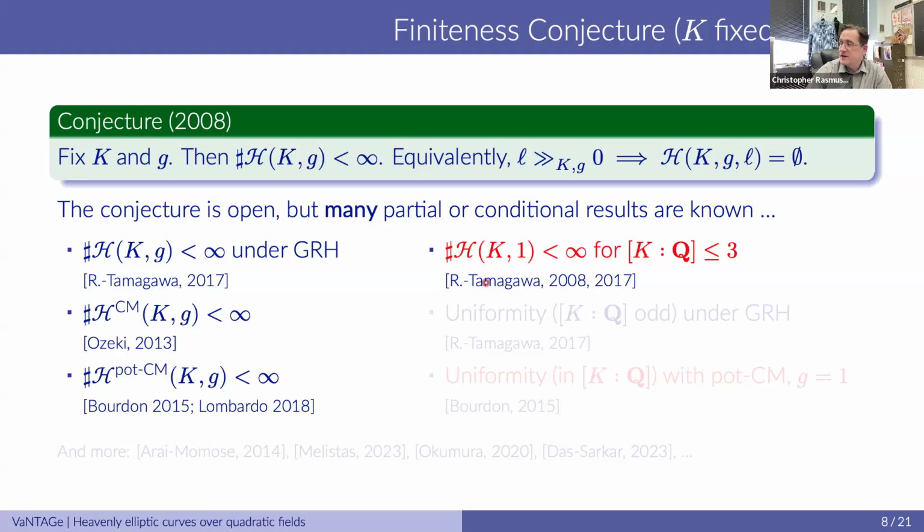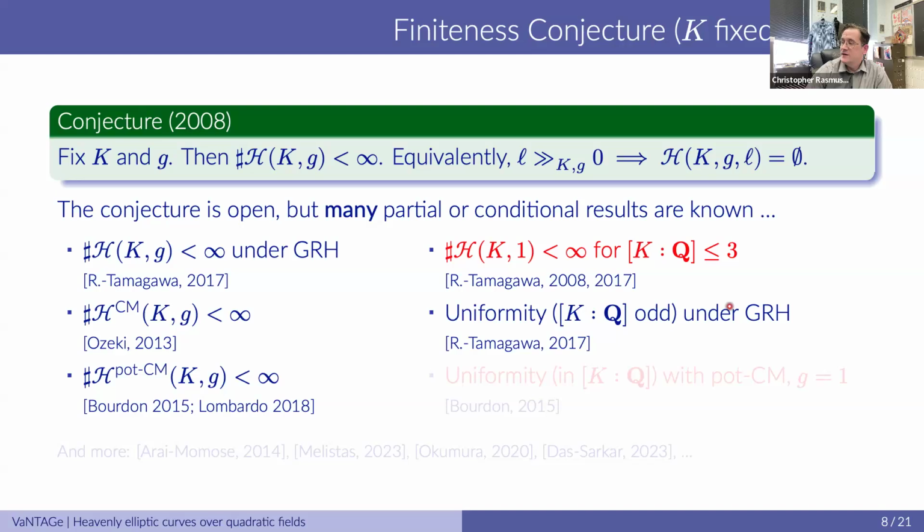In specifying elliptic curves in dimension one and fields of definition of small degree over Q, we were able to establish finiteness unconditionally. This was through a careful study of the behavior of the special fiber on a heavenly abelian variety. And we were also able to obtain some uniformity results under the generalized Riemann hypothesis.